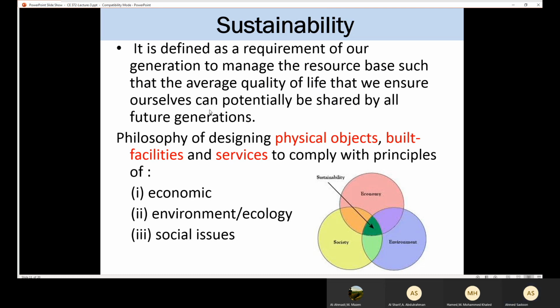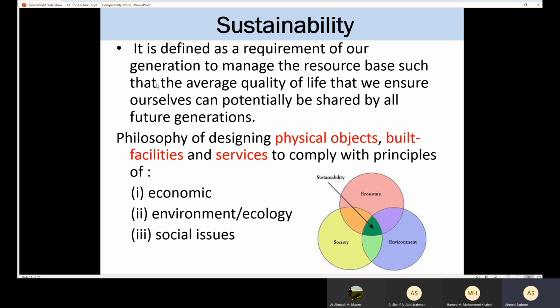We have resources right now, and we consume a lot of those resources, which are not renewable. It means that the next generation will not get benefit from these resources. So we should keep the resources so that the next generation, those who will come after us, are going to enjoy the same luxury that we have enjoyed right now.